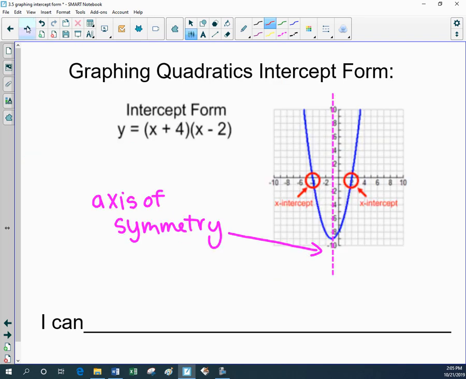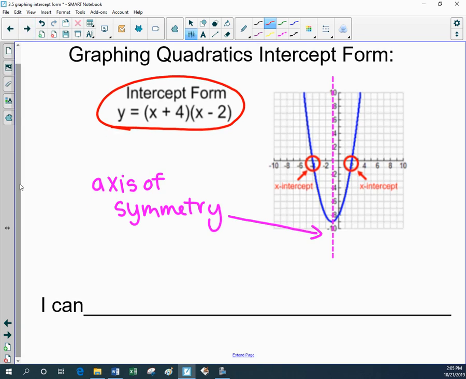And then today we're going to talk about intercept form. Okay, and so in intercept form, this kind of goes back to, and we hit on this a little bit in the last unit. But this equation right here, this is in intercept form. So if you remember from the last unit, when we were factoring, we would factor and then we would set what's inside each parenthesis equal to 0, and we would solve for x.